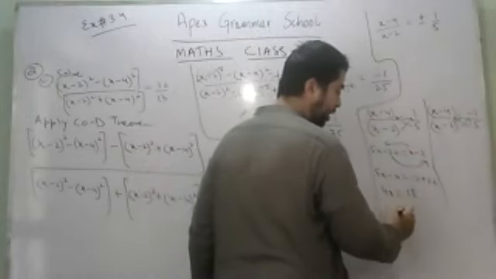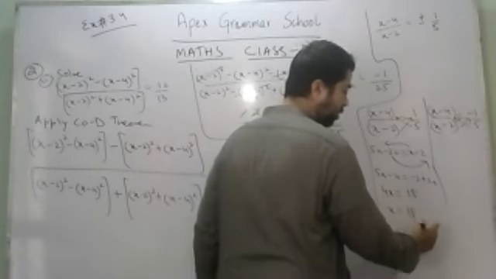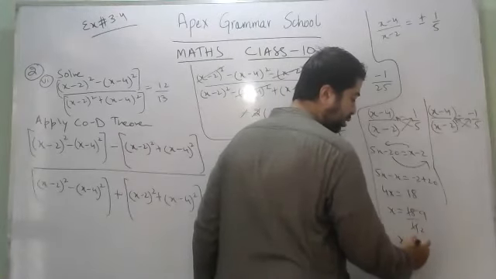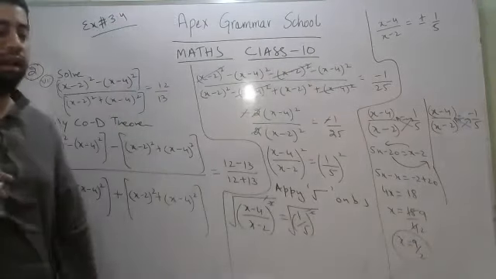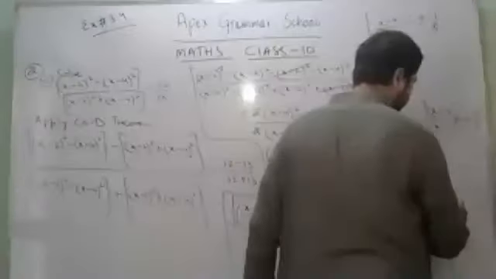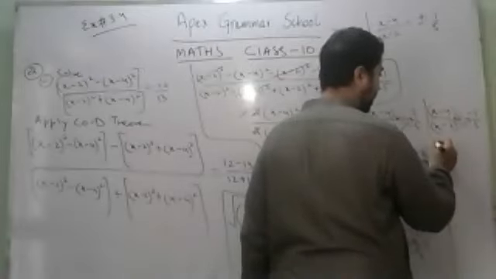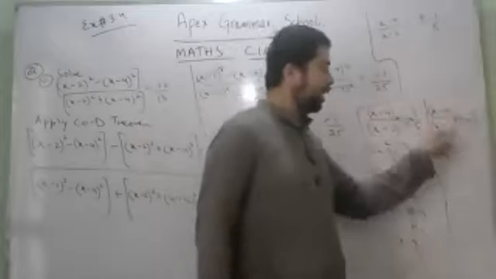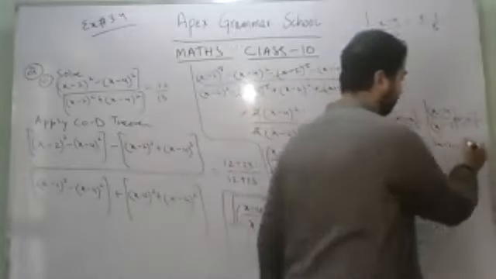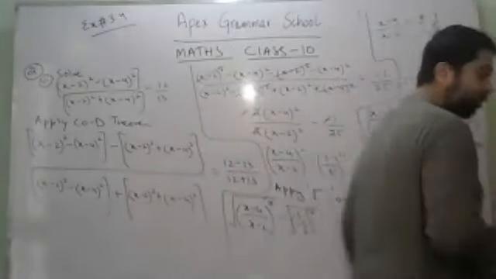So 4 will be divided there. 2 2s are 4, 2 9s are 18. So now the first solution is 9 over 2. This is our first solution, and for the last solution here, 5x minus 20 again. After cross multiplying them, negative x and plus 2 will be here.